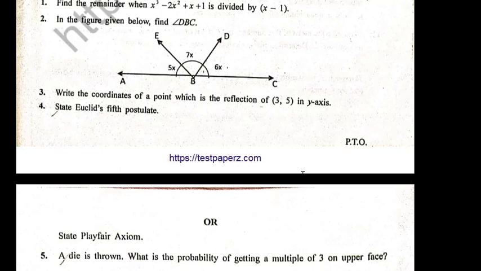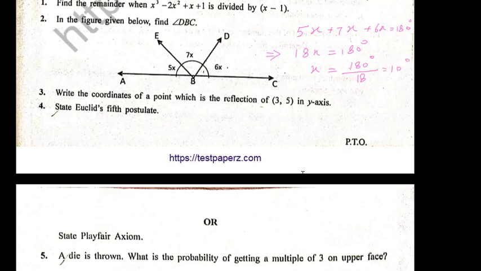So you will get 5x plus 7x plus 6x is equal to 180. 5x plus 6x plus 7x gives 18x is equal to 180 degrees, and this gives x equal to 180 degrees divided by 18, that is 10 degrees. So the value of x is 10 degrees.